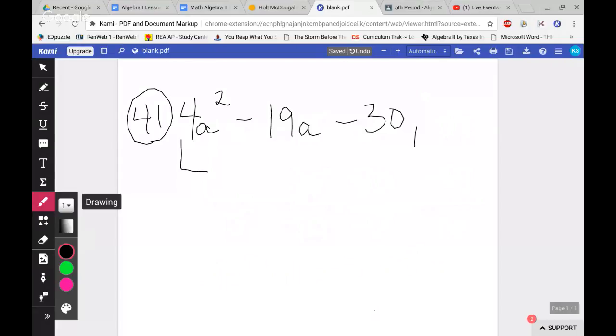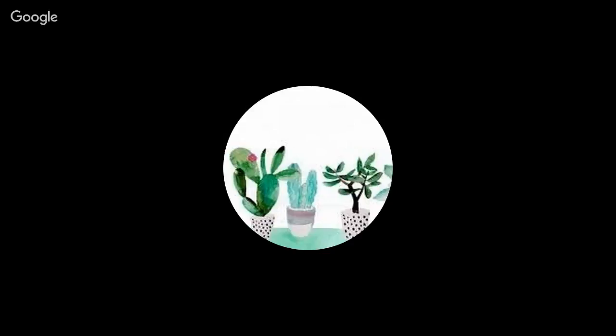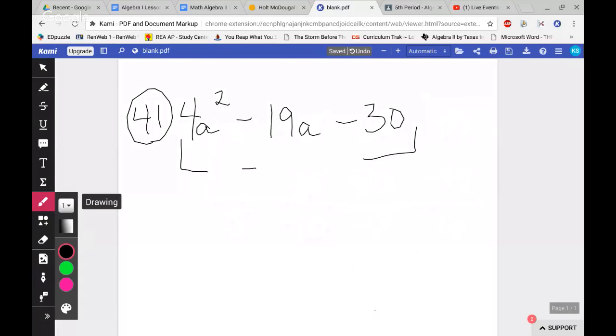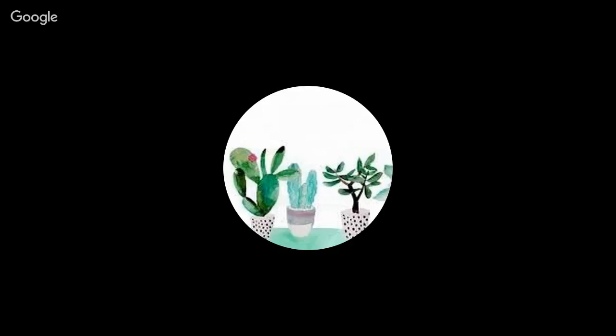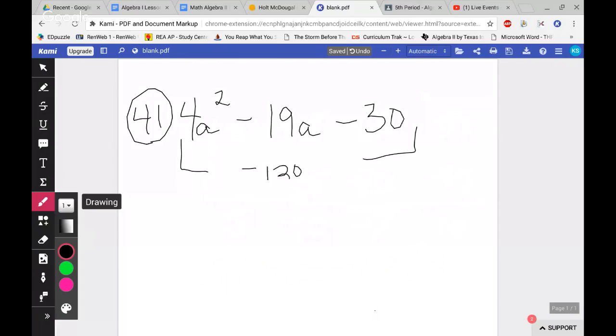Okay, so this part right here, I always draw these little lines, and then I'm hoping that will kind of trigger something for you guys to remember it. That you're going to multiply these coefficients. So if I multiply 4 and negative 30 together, I get negative 120.